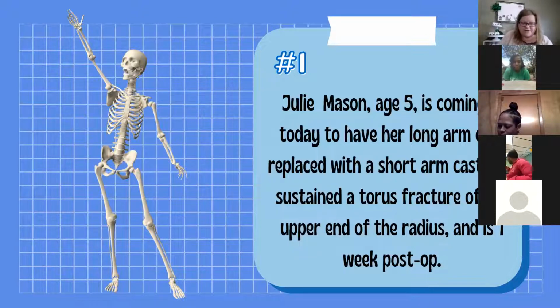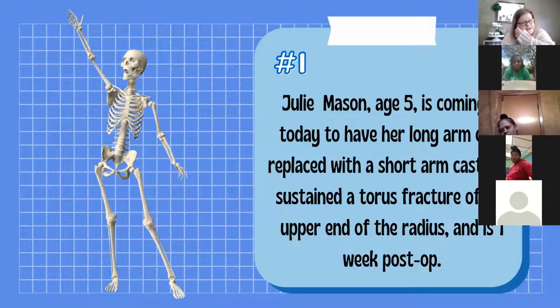This is 1 week after surgery, so this is definitely going to be post-op. So yeah, we're going to need a modifier that lets the third party payer know that this is included basically in that global surgical period, right?